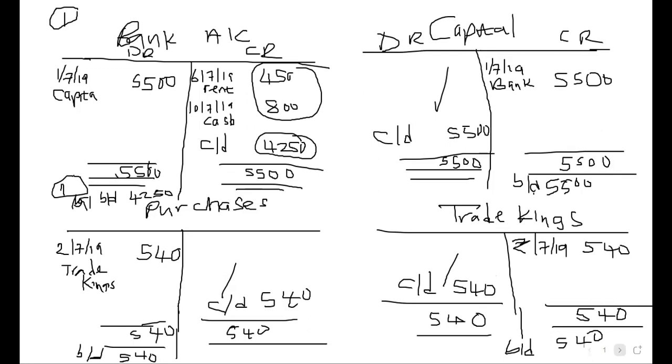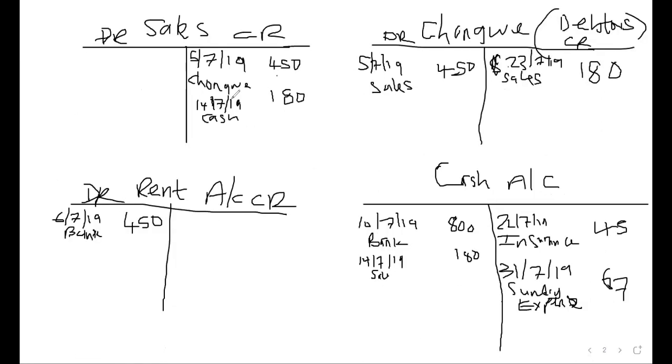Let's move on. We'll go to the other one. Sales. If we go for sales, our sales value will be how much? 450 plus 18,630. So 630.